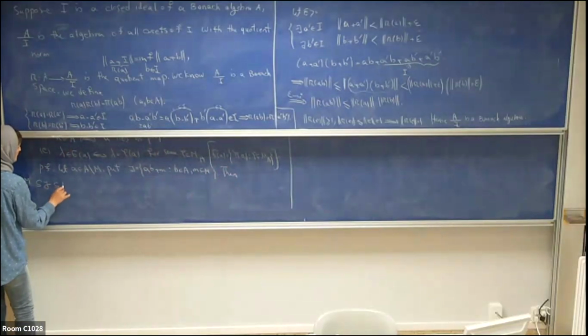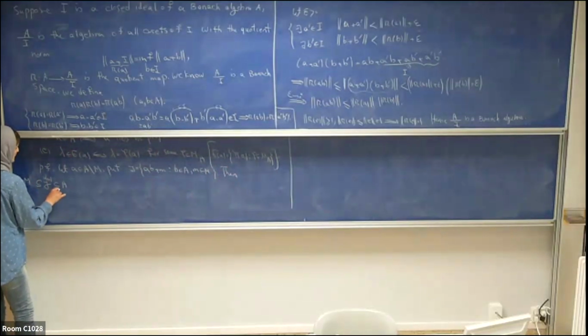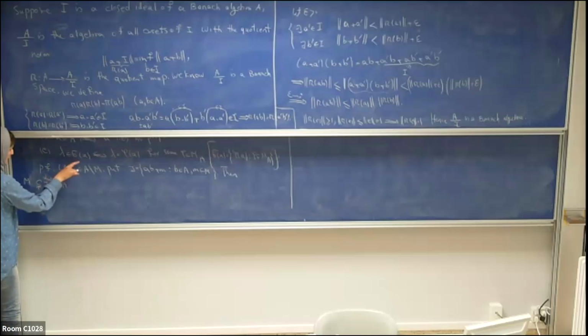And of course, it's an ideal of A. It's easy to check that. And is this proper? No, it's not proper. Sorry. Here it is not proper because A is in J, but not in M.